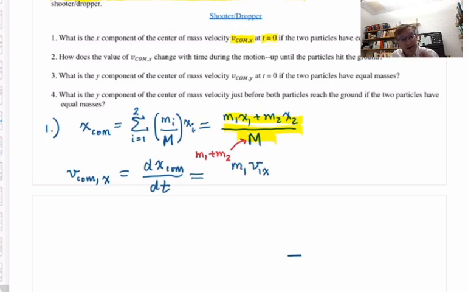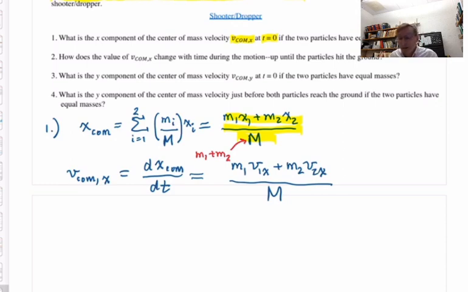So I've replaced x1 with v1, x component, plus m2, and I replace x2 with v2, x component, all divided by capital M. See, it's actually a very simple little progression from XCOM to VCOM x. You just replace x1 and x2 with v1x and v2x, but it's only x components here. Okay?